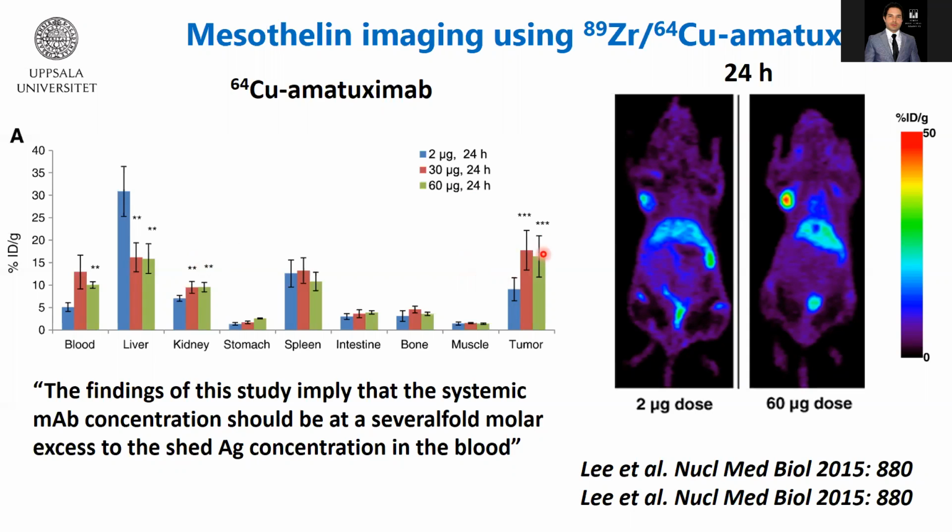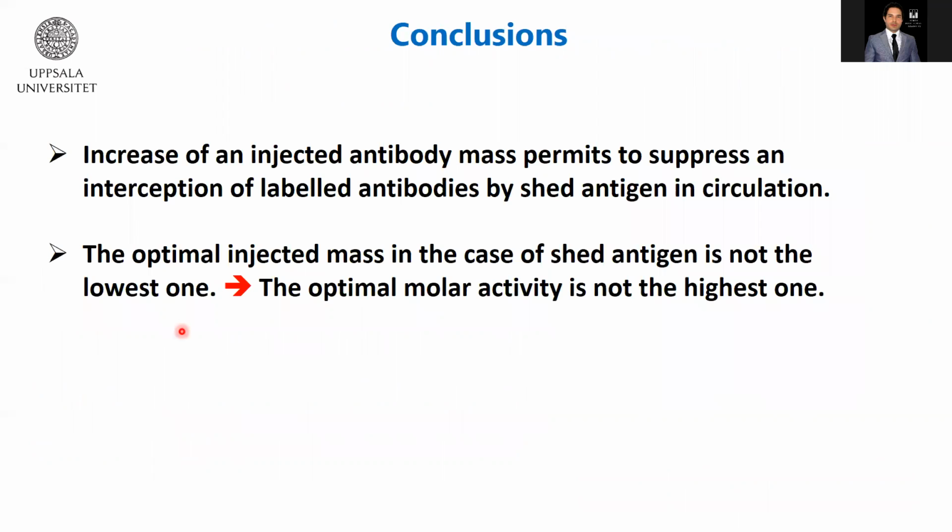So in this case, imaging of shed antigen was possible just because the injected mass of the antibody was increased and specific or molar activity was decreased.